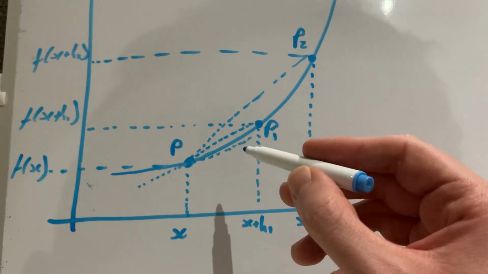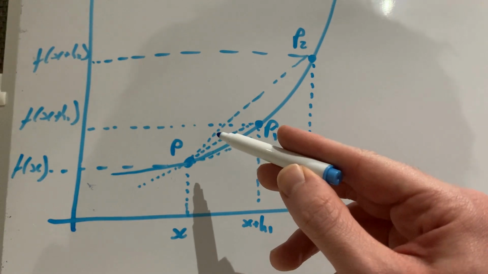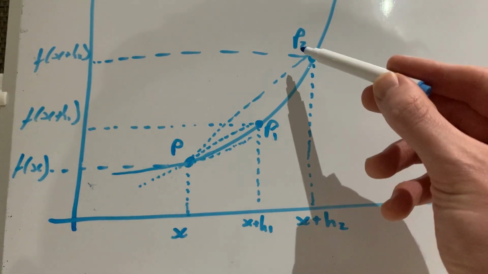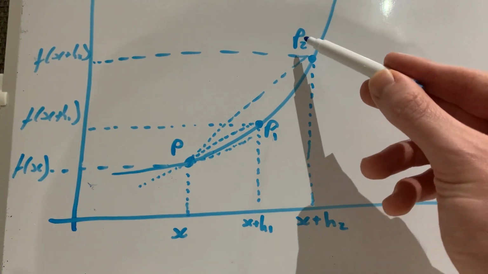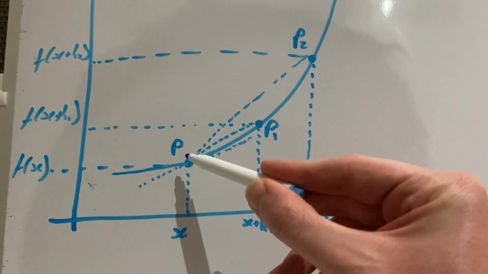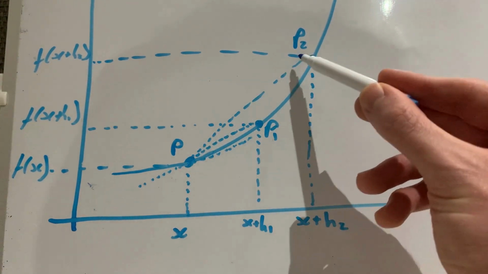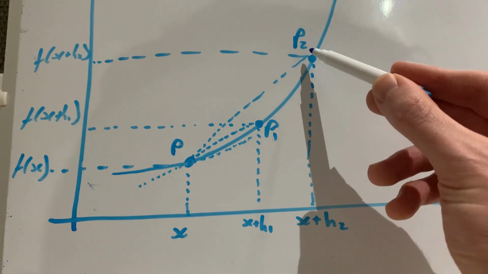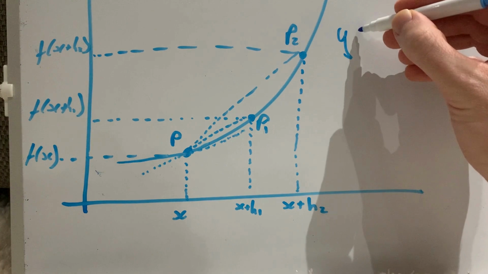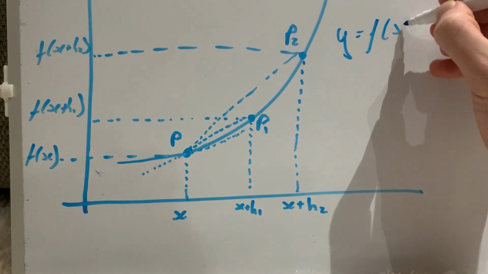So how do we calculate that if we don't have a change in y and a change in x? Well, we could approximate it. Let's say we had a point here, P2. Let's take the gradient of this line here. We calculate the change in y and divide that by the change in x. I should have clarified, this is the graph of y equals f of x.